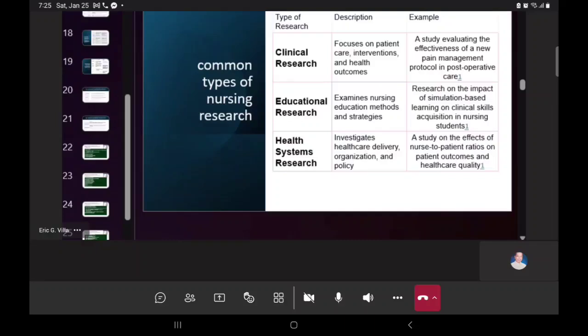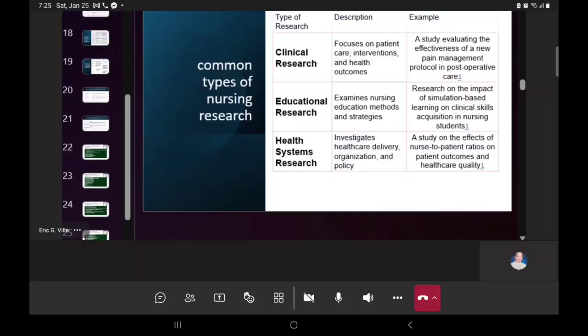Health system research in nursing investigates broader issues related to healthcare delivery, organizations, and policy. This type of research often examines how the structure and processes of the healthcare system influence the quality, cost, and accessibility of care. For instance, a health systems research study might explore the impact of nurse to patient ratios on patient outcomes and healthcare quality.